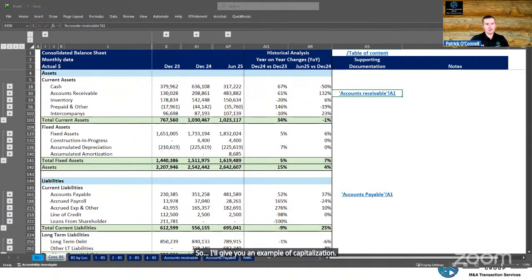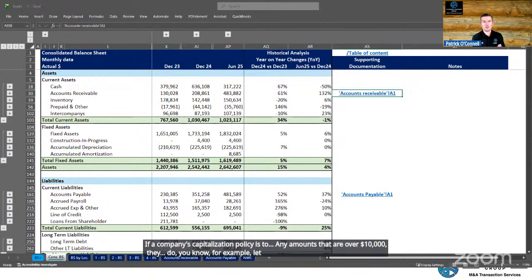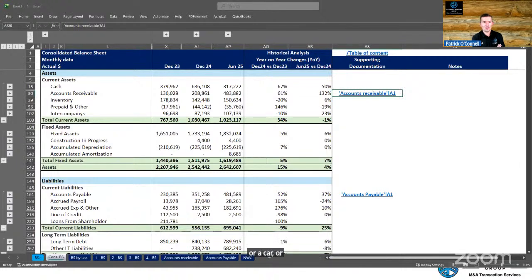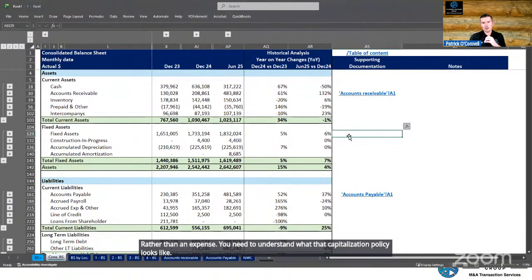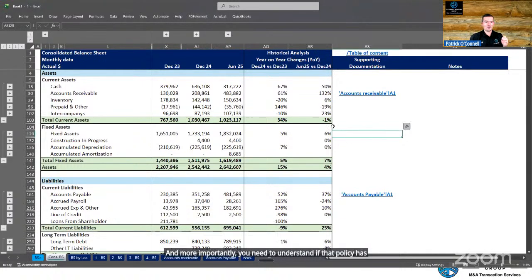If a company's capitalization policy is to capitalize any amounts that are over $10,000, for example, let's say a large piece of equipment or a car or a computer, and capitalize means record it as a fixed asset rather than an expense, you need to understand what that capitalization policy looks like. And more importantly, you need to understand if that policy has changed from 23, 24, or 25.